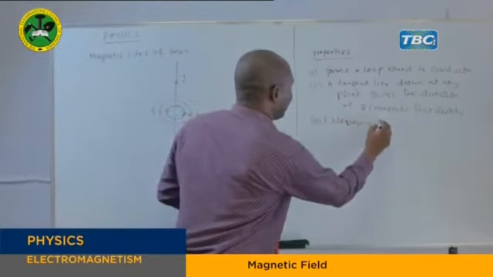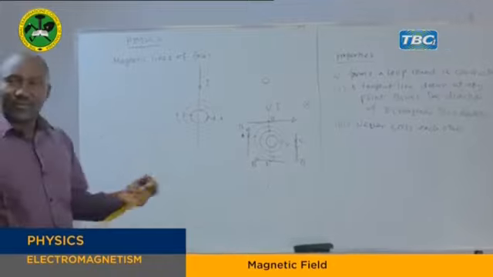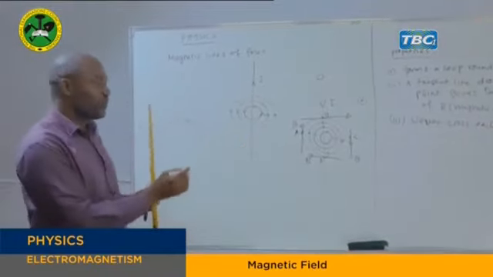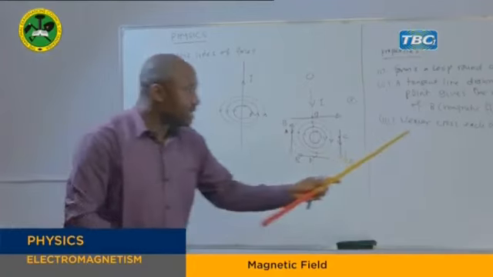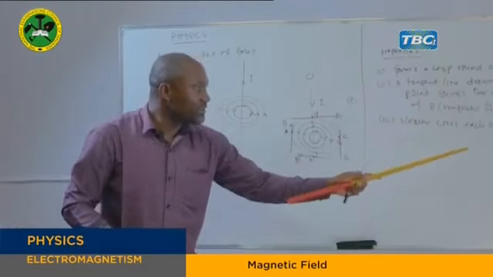The reason is simple. This is the magnetic line of force. Suppose you have two magnetic line of forces crossing at a point. That's the reason why these magnetic line of force will never cross each other.